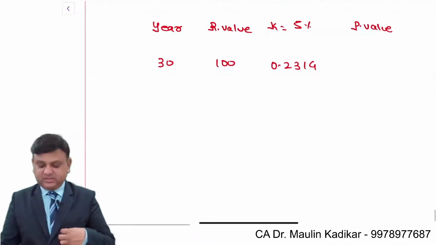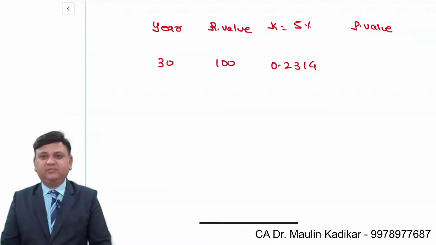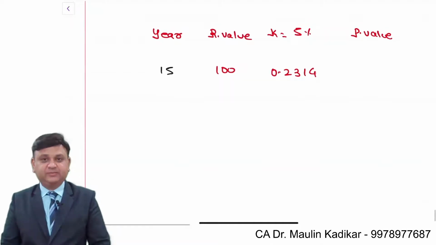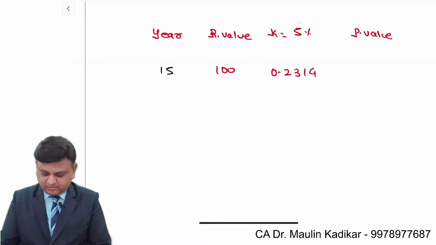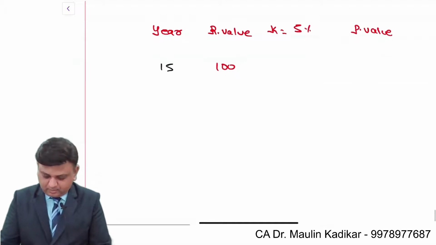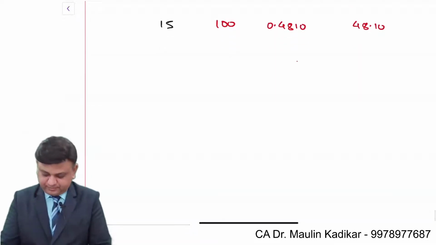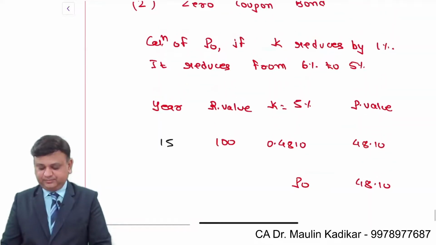So present value is, sorry, time period will be taken 15 years. Sorry. 15 years. I'm sorry. 0.4810. So it is 48.10. So P0 is 48.10. Read an answer.